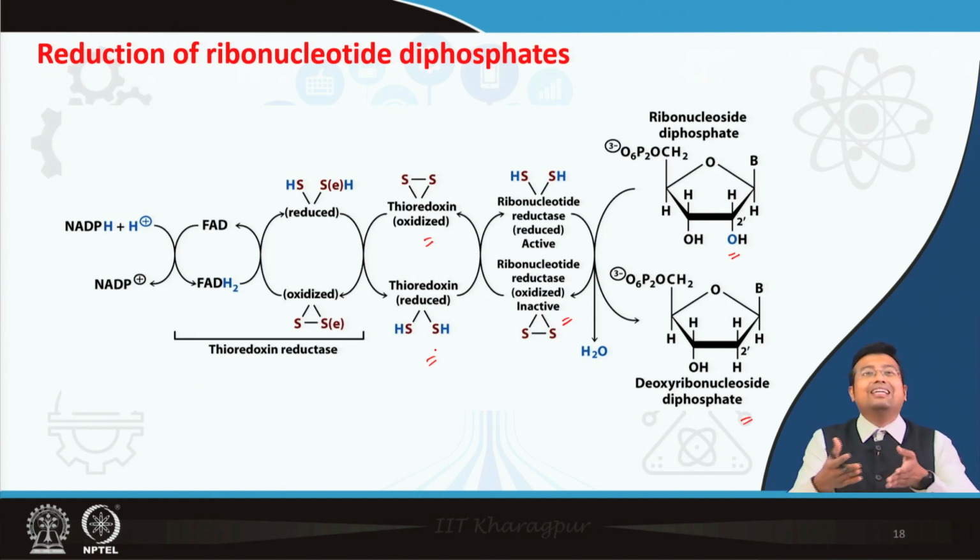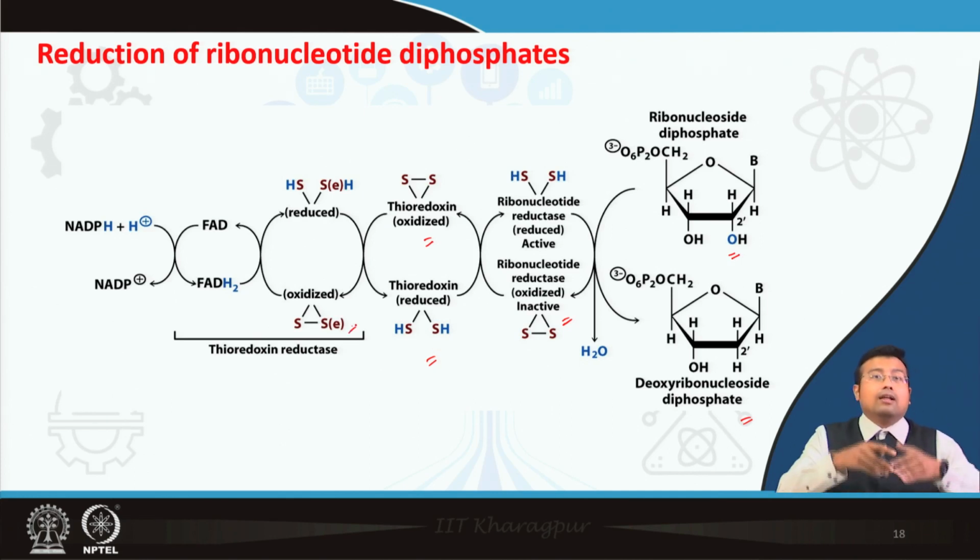So who will reduce thioredoxin? The enzyme thioredoxin reductase, alright. Thioredoxin reductase is also active in reduced form, and when it does its action, it is inactivated and converted to oxidized form.